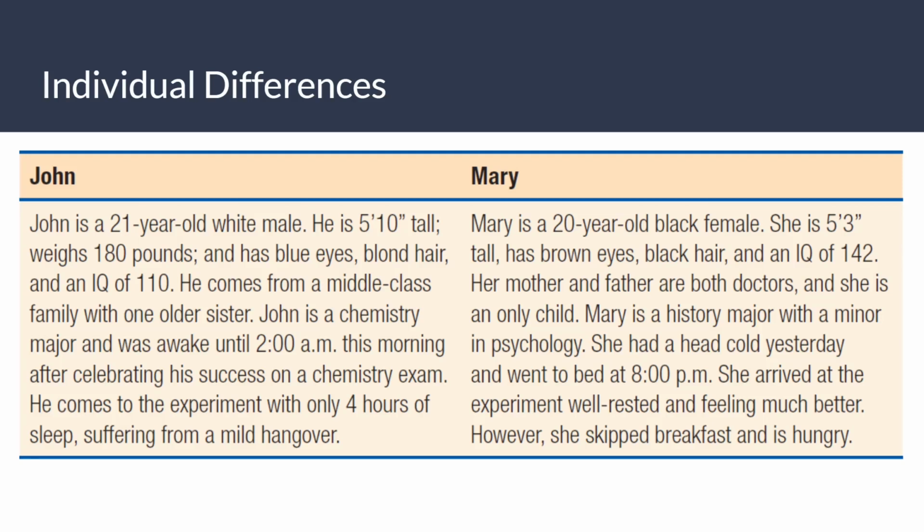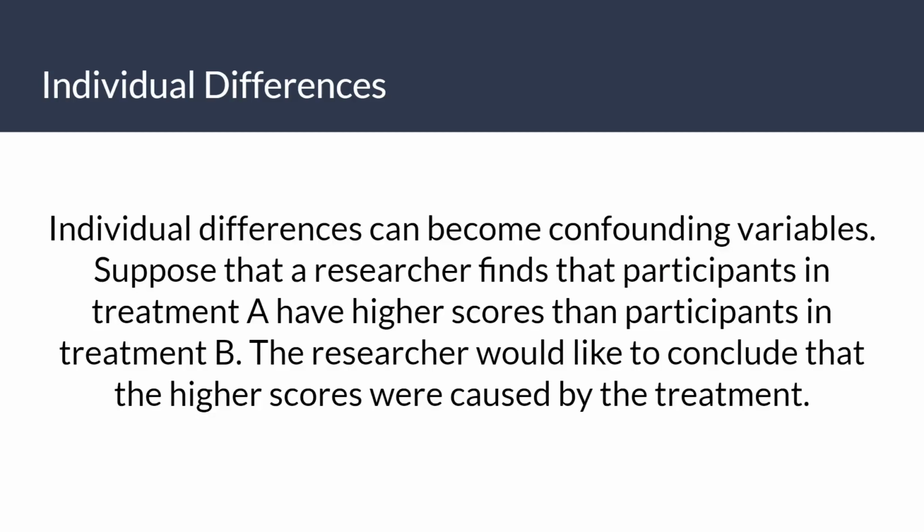However, that's not really the case because in the first place, Mary's IQ is higher than John's IQ. Perhaps it's not the coffee, but rather it's their IQ. It's their individual differences. That's why you need to have a lot of participants so that the different errors can cancel each other out. Okay, you will know more about this as we go along.